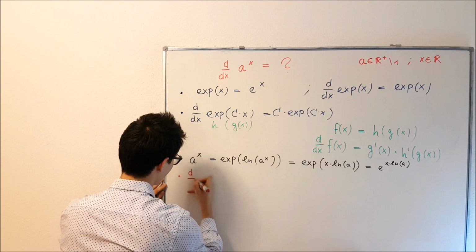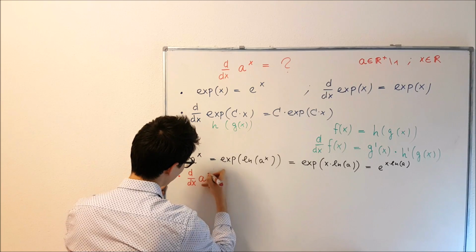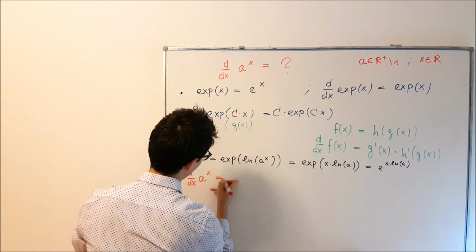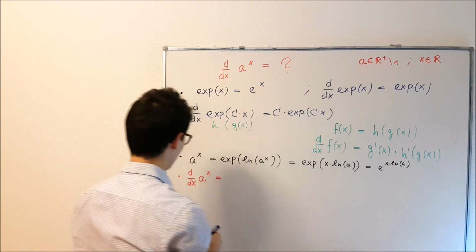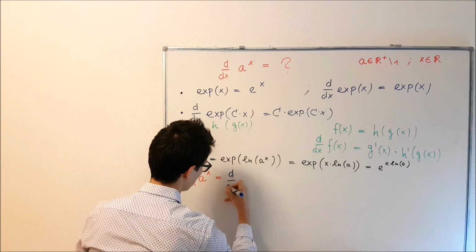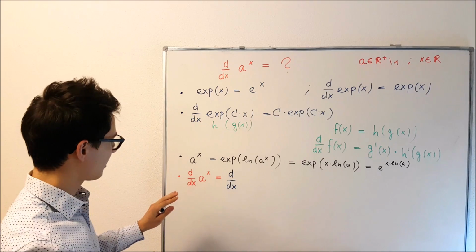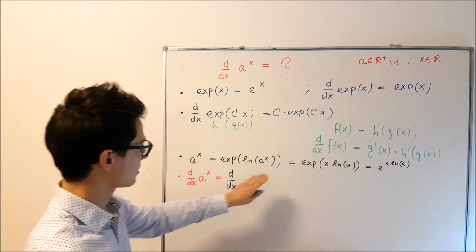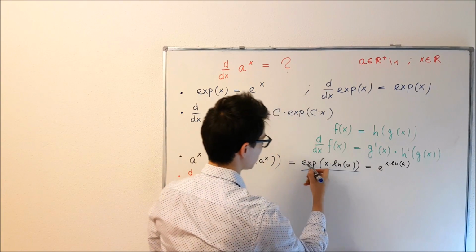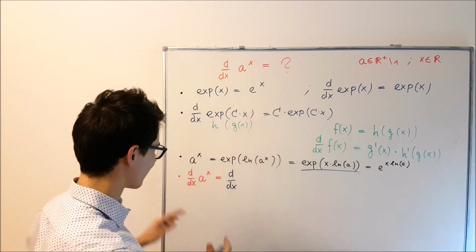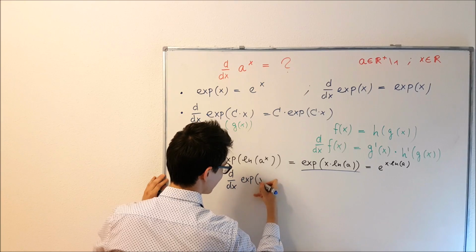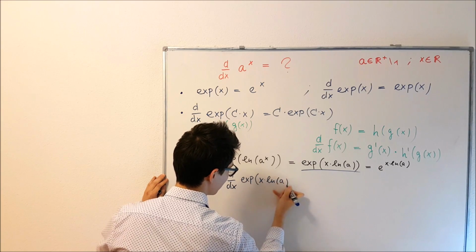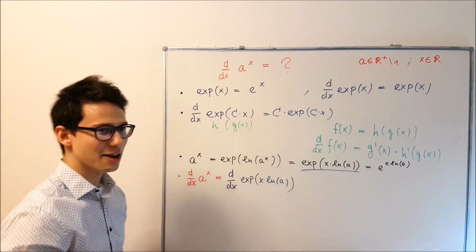So d/dx of a to the power x is equal, obviously, to, if we express a to the power x as exp of x times ln of a, right? So we can also write this exactly the same.